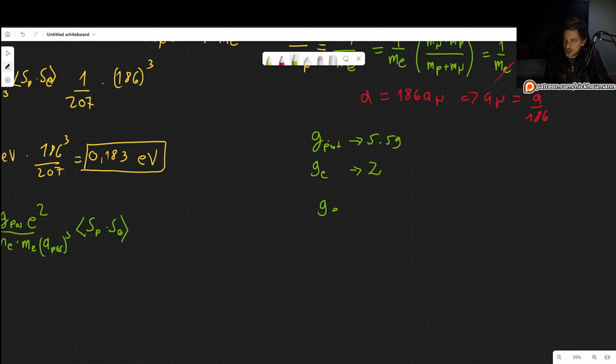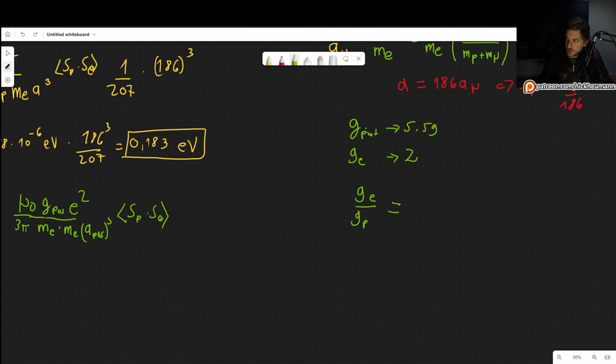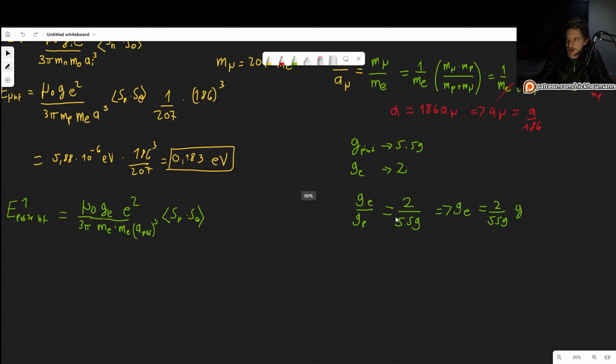So let's say GE divided by G proton. Now, again, I don't know if this is the correct way. We'll see soon enough. So here we get 2 divided by 5.59. And of course, just to make this very clear, since the G factor of the positron is the same as for the electron, we can just label it GE. So from here, we can see that GE is going to be 2 divided by 5.59 times the G factor of the proton, which we simply called G previously, so we can go back to that notation if we want.